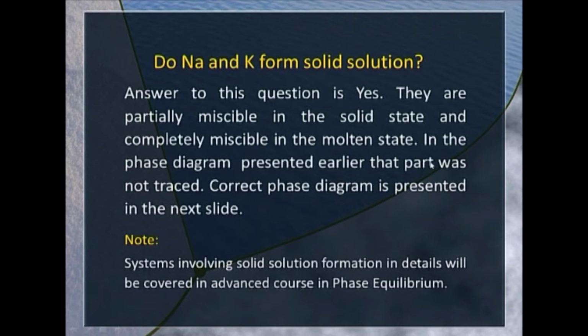In the phase diagram presented earlier, that part was not traced. So, the correct phase diagram should include the formation of solid solutions. Note this, the systems involving solid solution formation in detail will be covered in an advanced course in phase equilibrium.